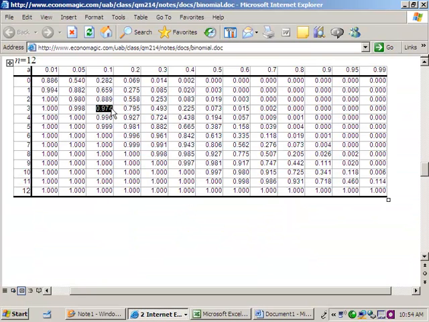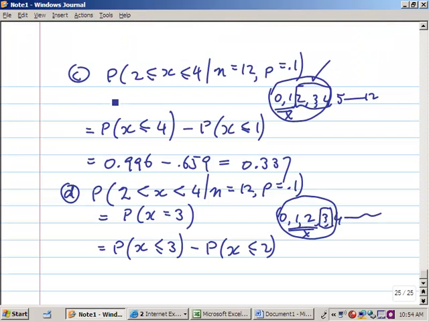I'm going to get 3, writing these down somewhere else, 0.974, and then we're going to subtract out less or equal to 2, which is 0.889. Alright, 0.974 minus 0.889. The answer to that is 0.085.